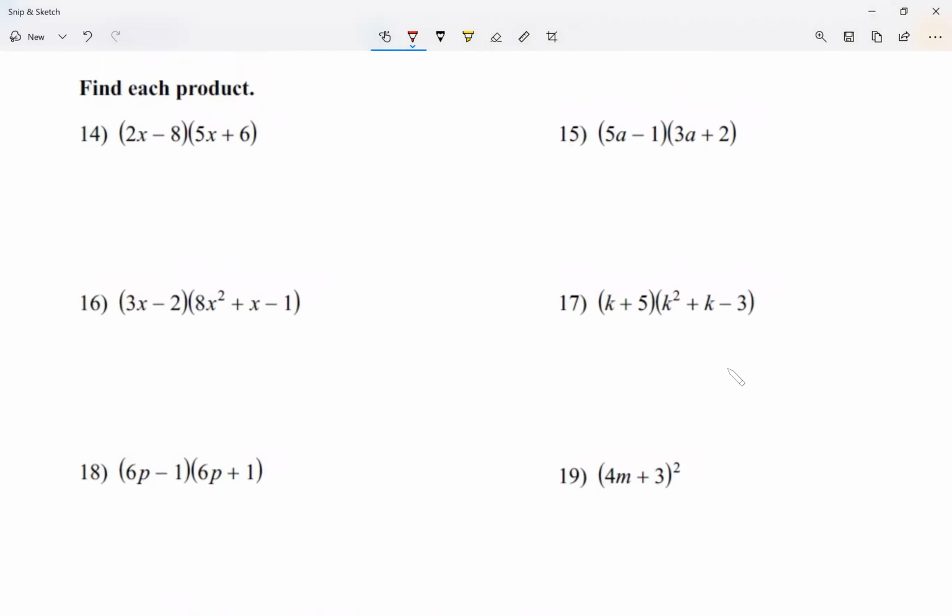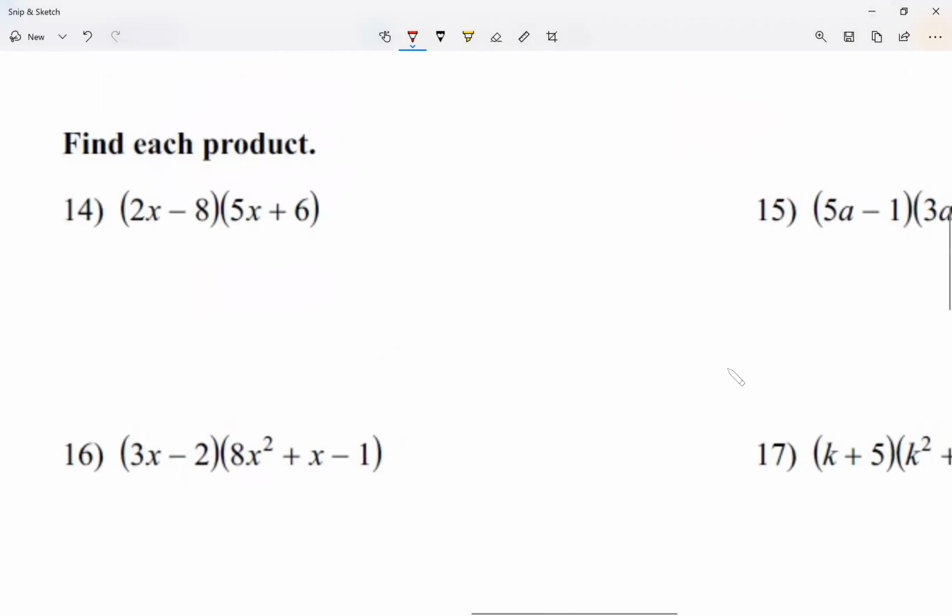Question number 14. We know how to do the distributive property, right? So I'm going to multiply the term 2x, distributing it to the second parentheses. Now 2x times 5x is going to give me 10x squared. Remember the rules in multiplication. 2 times 5 is just 10.